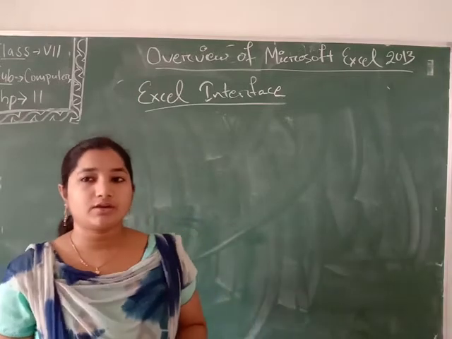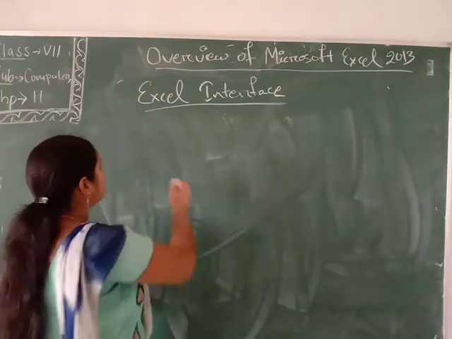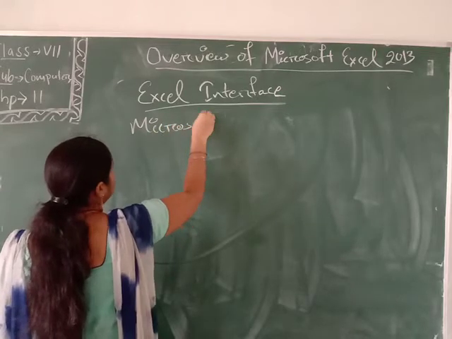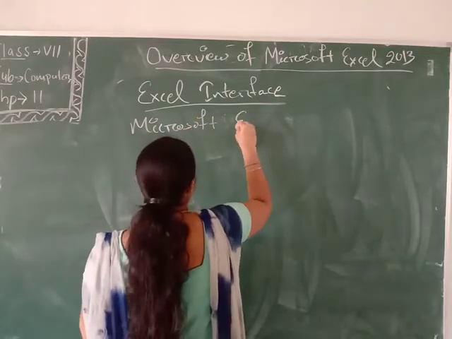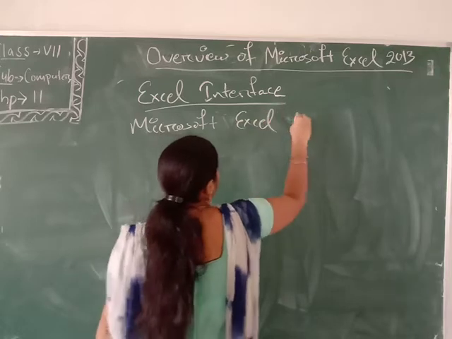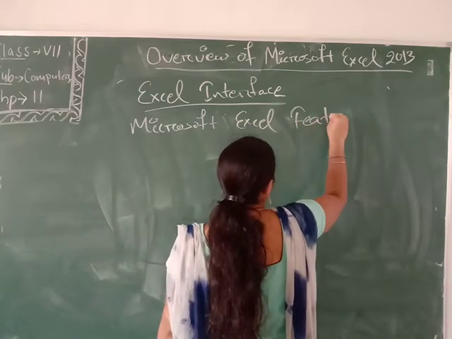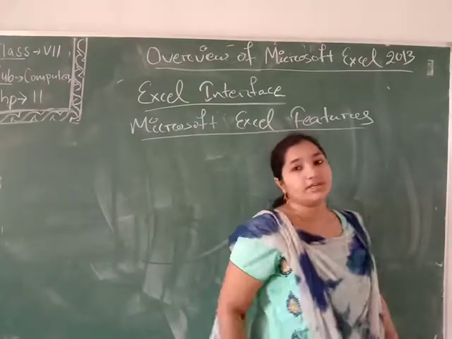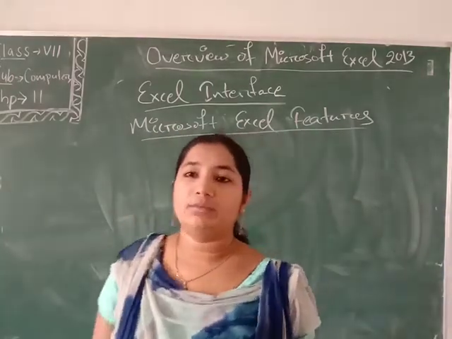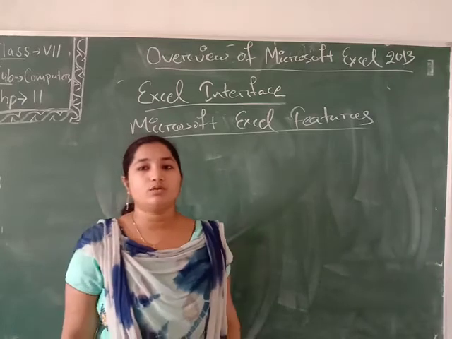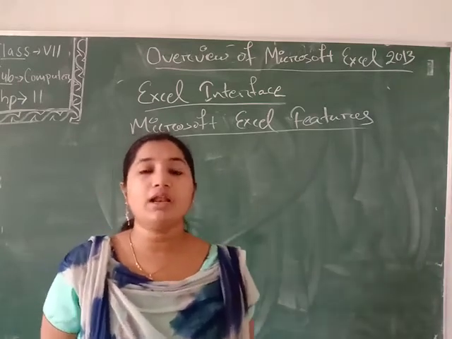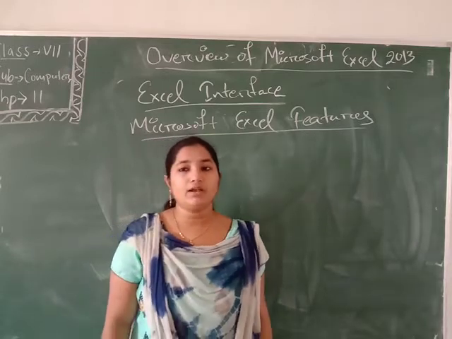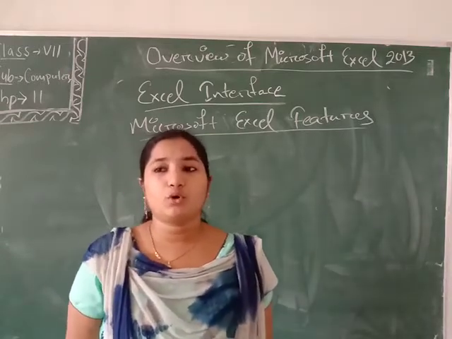Next are our Microsoft Excel features. What are the features? First is the title bar. This is a close-up view of the title bar, where file information is located, and it shows the name of the file and the name of the program.